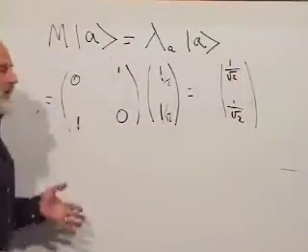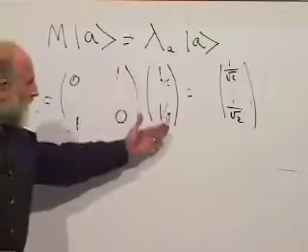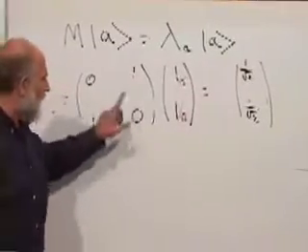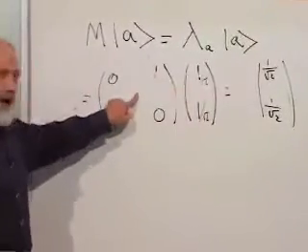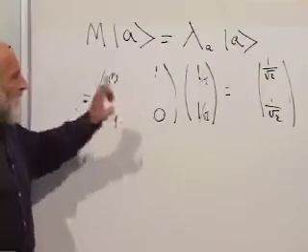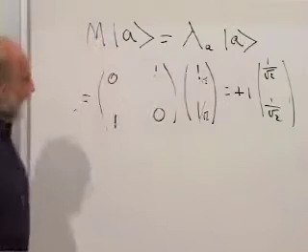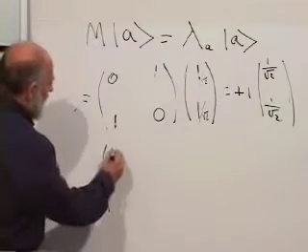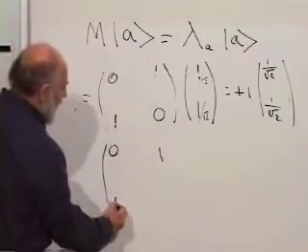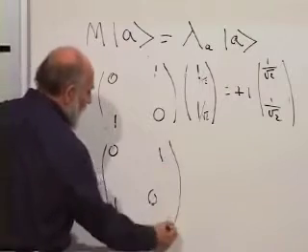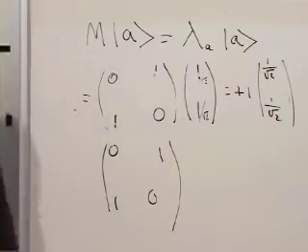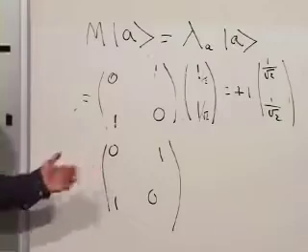We got back exactly the same vector. So this is an eigenvector of this operator with eigenvalue plus 1. All right. What about 0, 1, 1, 0? Can I find another eigenvector? Yes, I can. The reason I can find it is because I know the answer.